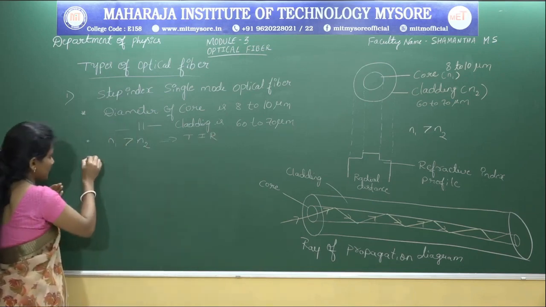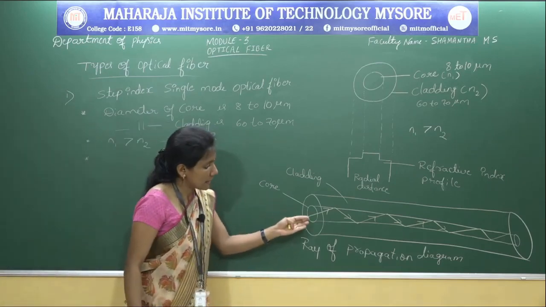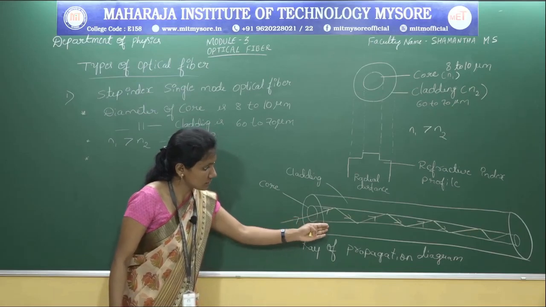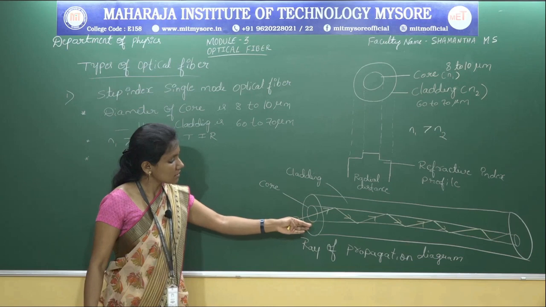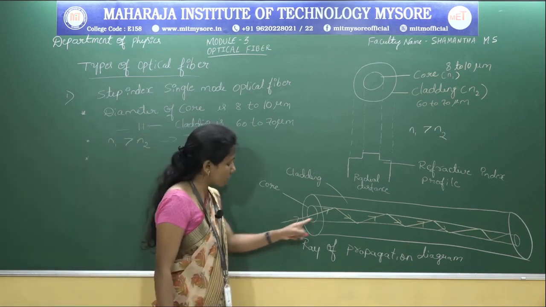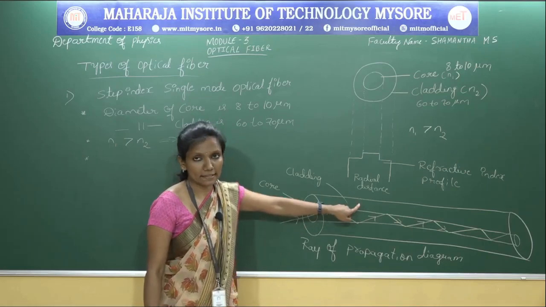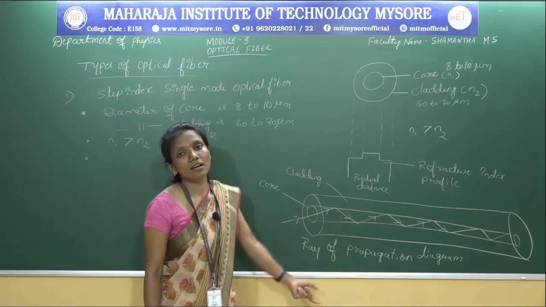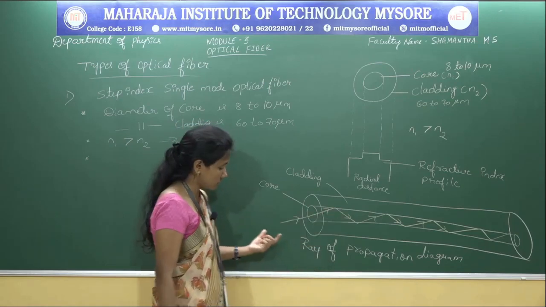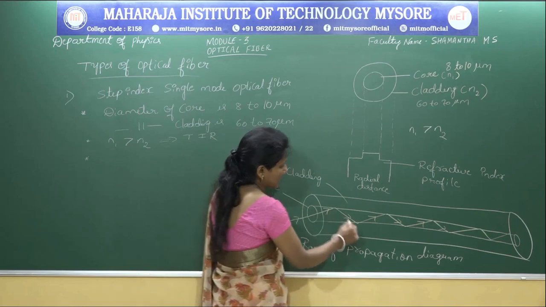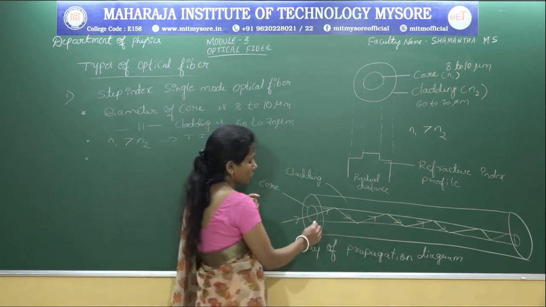But as soon as the light signals pass inside the optical fiber, as the light rays propagate, at the interface of the core and cladding there is a sudden change in the refractive index.